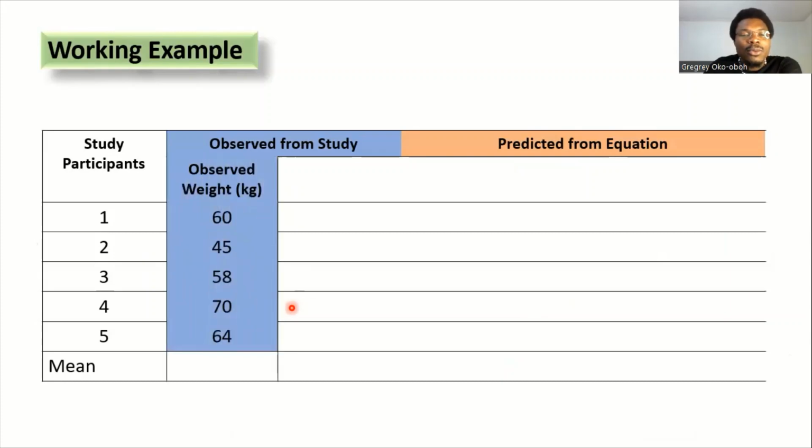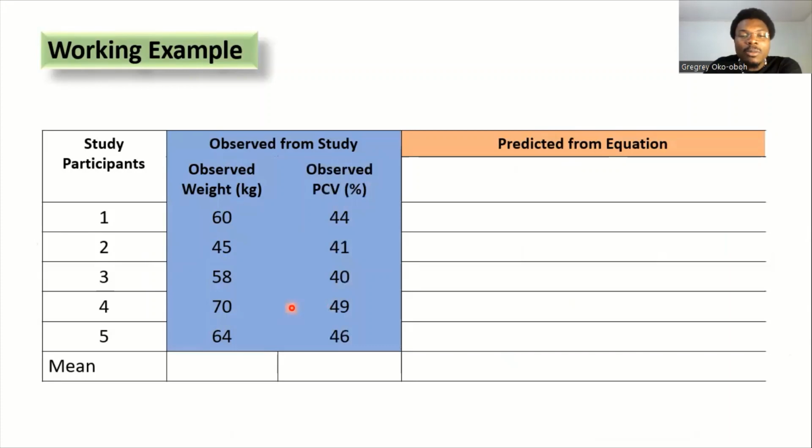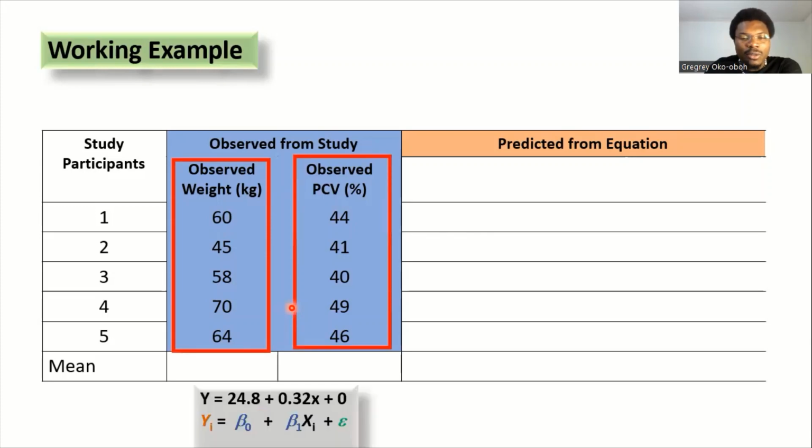In this table, the observed weight, which is X in the equation, will be on the second column, and the observed PCV or Y will be on the third column. So given these two from our study, which we have observed for our participants, we calculated the regression equation.